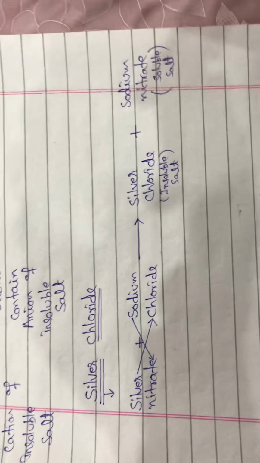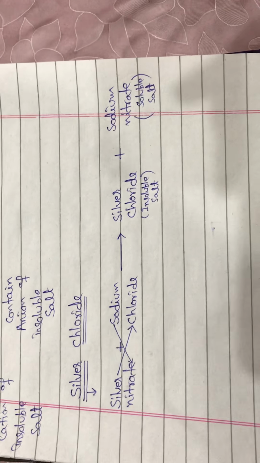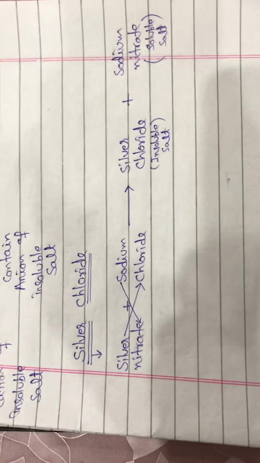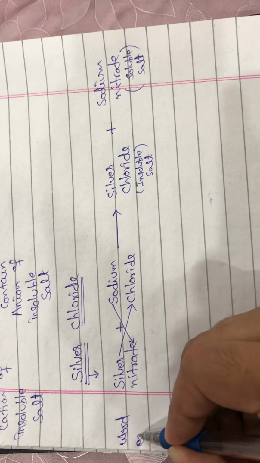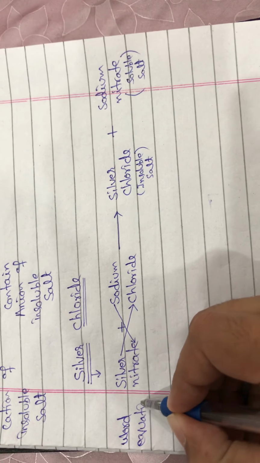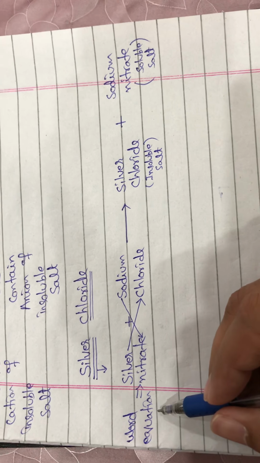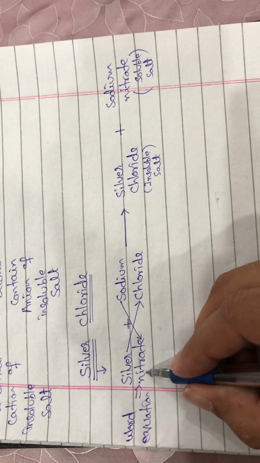Now we can write it as a chemical equation, because this one is a word equation. From the word equation we will produce its chemical equation in symbolic form.